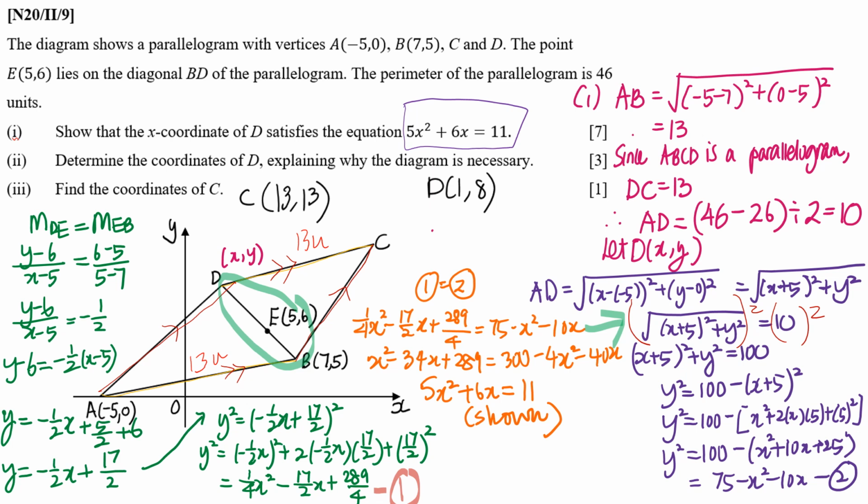What some students may do is just go ahead and factorize this, which means that you actually make use of this information, factorize it to get the x coordinate.